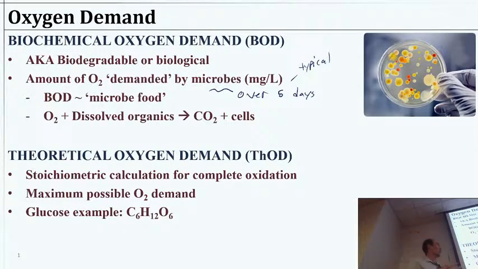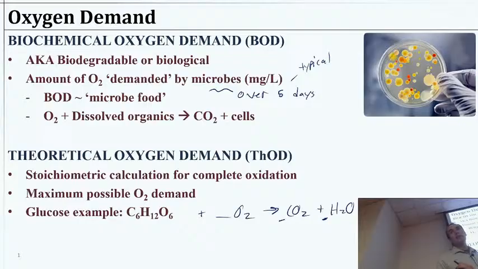So if we add sugar, for example, glucose, C6H12O6, we could use our stoichiometry to say, okay, well, how many oxygens do we need to add to get this to go completely to CO2 and water? And of course, we'd have coefficients there and there. So this would be the maximum possible, and this is if we give it ideal oxidation environment so that this happens completely. That would be the theoretical.